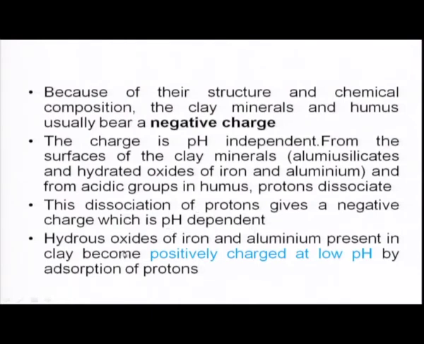Hydrous oxides of iron and aluminum present in clay mineral become positively charged at low pH. Iron, aluminum or manganese, at low pH condition, that is acidic condition, acquire a positive charge by adsorption of protons that come from the acidic condition.